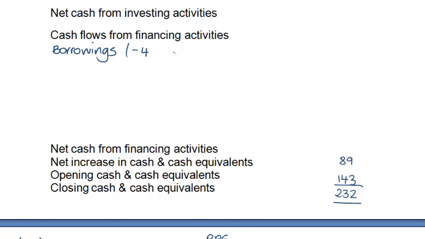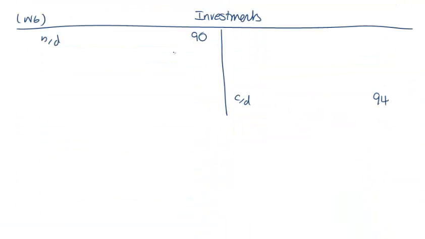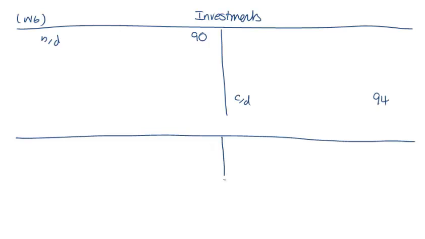As far as tax is concerned, tax is an item that appears in both the statement of profit or loss and the statement of financial position. And my advice for those is always to open up a T account. So we've got an opening balance of 41 for deferred tax, a closing balance for deferred tax of 35.